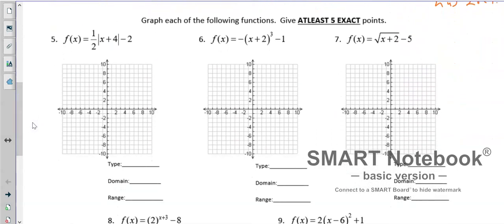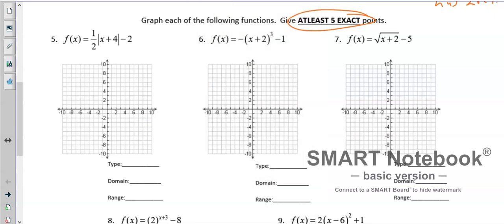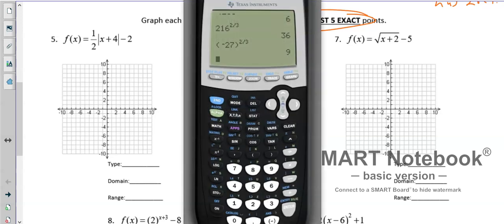All right, graph each of the following functions, give at least 5 exact points. Let the calculator do the heavy lifting for you. So in this case, pull up our calculator. There we go. Go to y equals. Clear out whatever's in there. To make life easier, I just use 0.5 for 1/2.